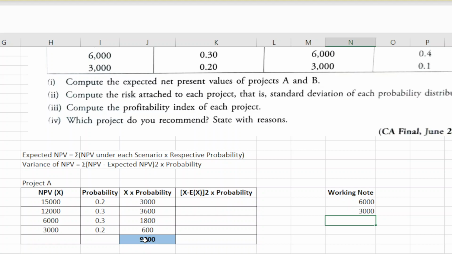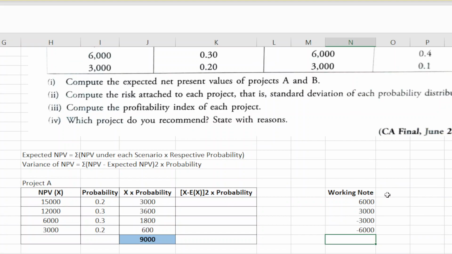Then 6,000 minus expected NPV. Now the value will be in minus, but when we have to do the square of it, that is the reason it is not a problem for us. 3,000 minus 9,000 is equal to minus 6,000. What is this now? NPV minus expected NPV. That is what I have done.